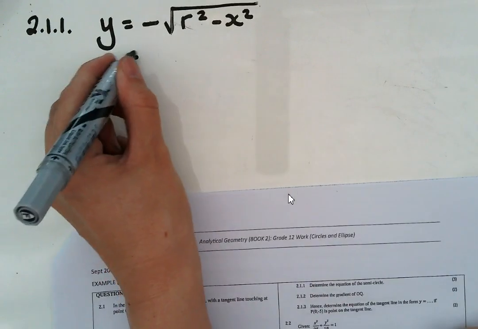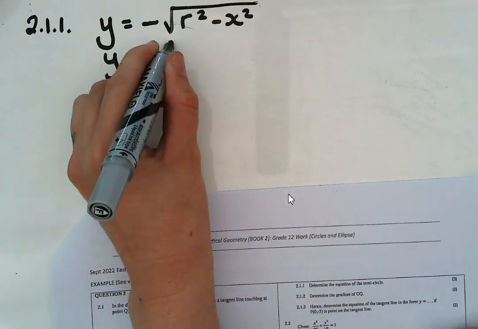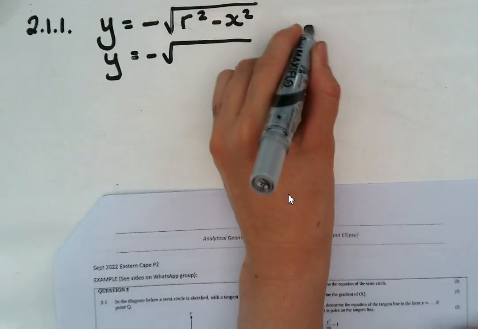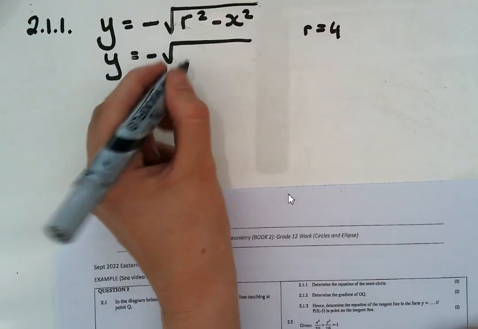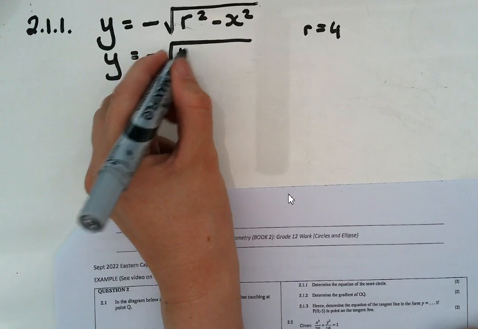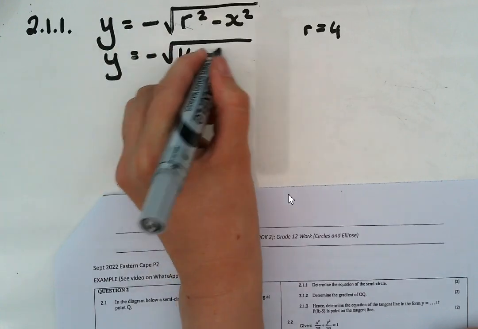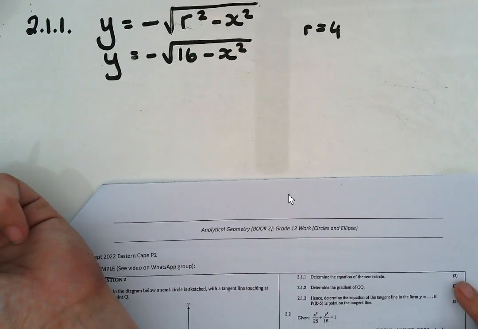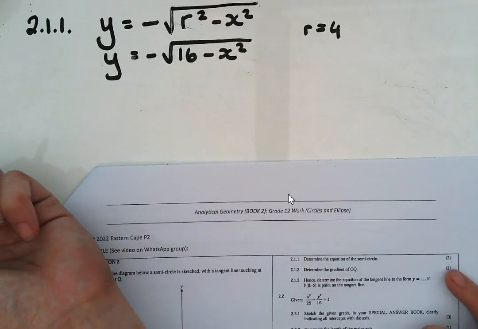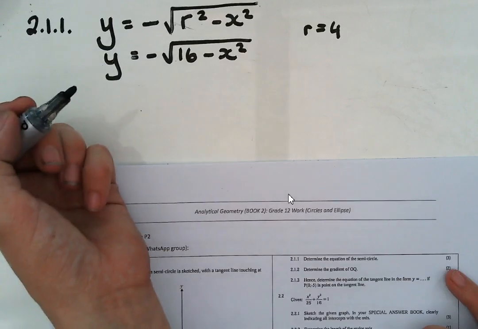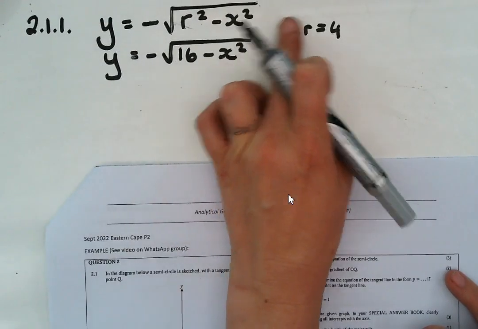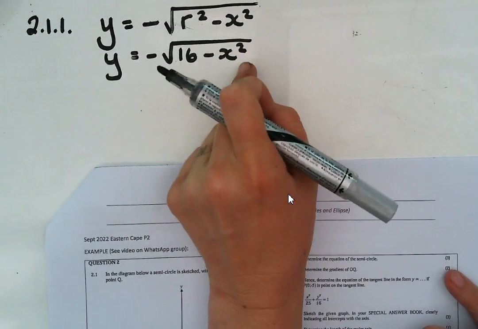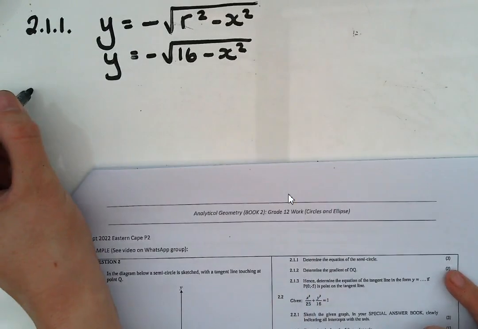So obviously r is 4, then r squared is going to be 4 squared, which is 16, minus x squared, and that is the circle equation there. I see they gave 3 marks for that, but it's fine if you just write even just the answer. You will get your 3 marks there.